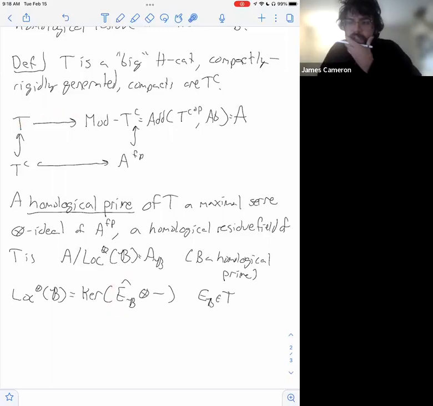So all of these homological primes and these residue fields, I can understand in terms of some objects in T. But the question, of course, would be, given a prime B, how do I cook up that E_B? Okay, so here's this construction you can do.